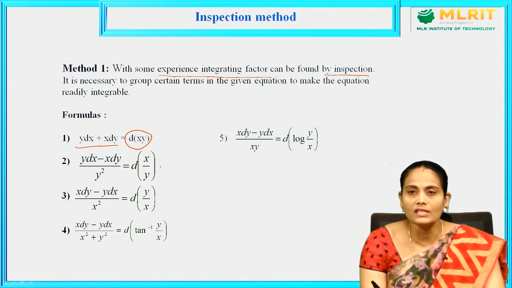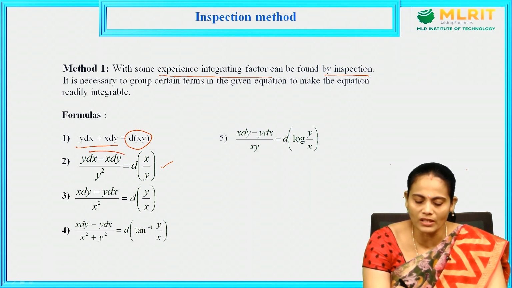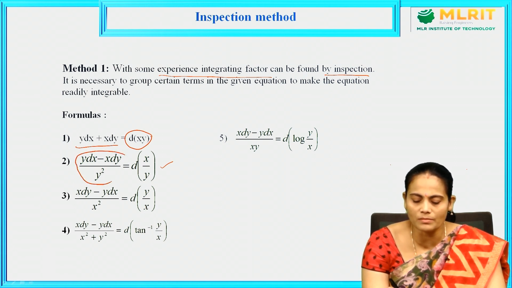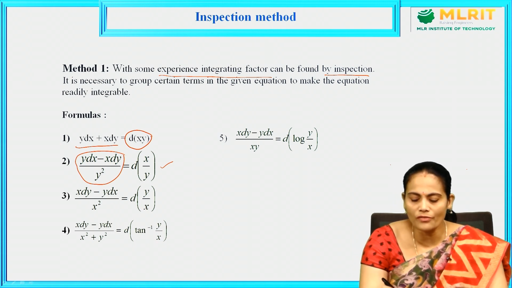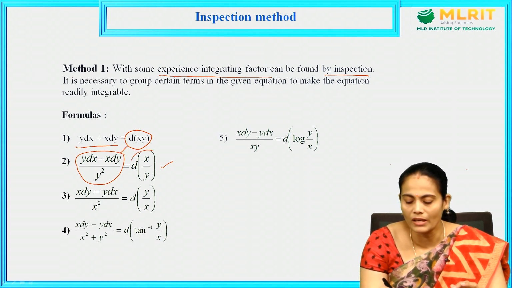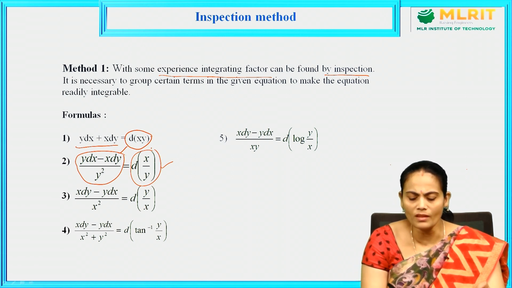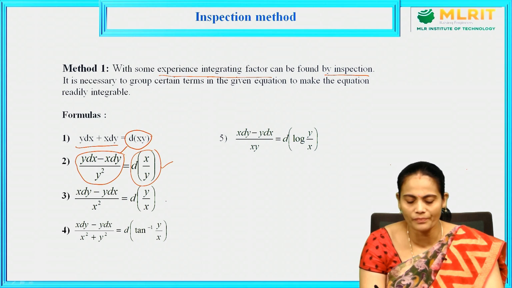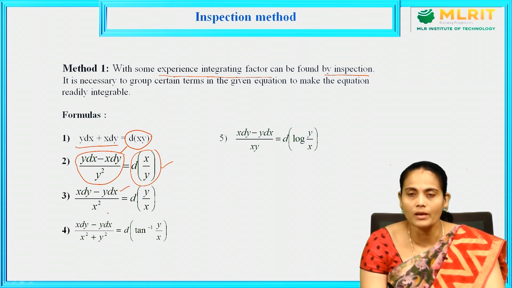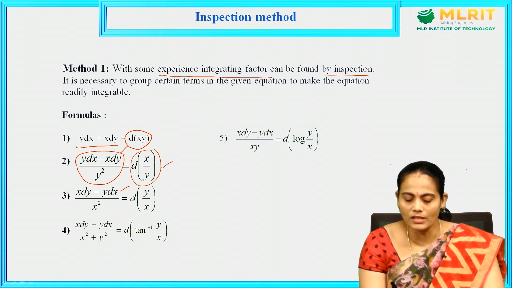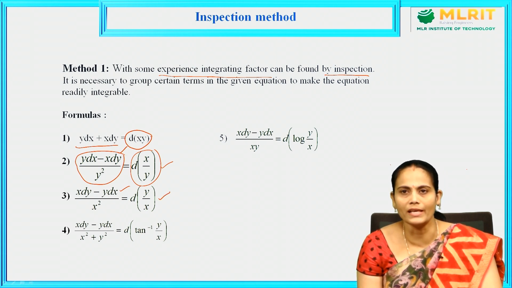Now see the second formula. If the given equation is of the form y dx minus x dy by y square, instead of this we can write directly the derivative of x by y. The third formula is x dy minus y dx by x square. This can also be written as the derivative of y by x.